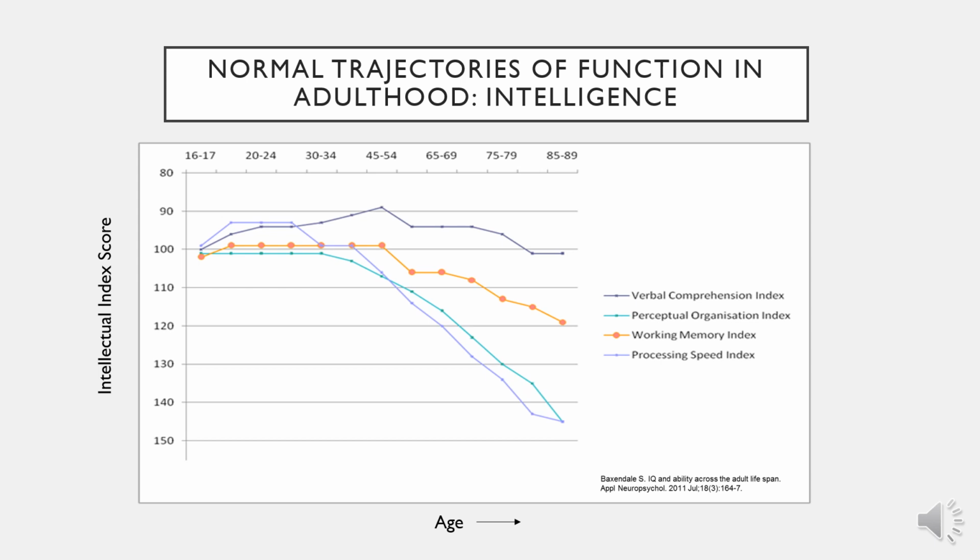From mid-50s onwards it starts to decline slightly, but it really holds up pretty well right the way into the 90s as long as nothing is going wrong with that person's brain.